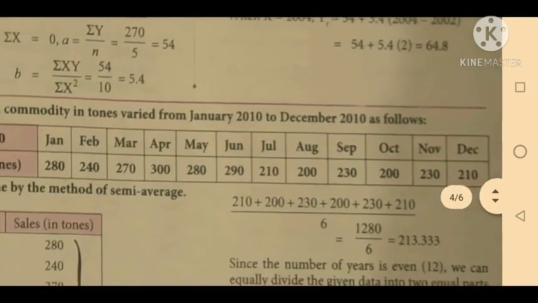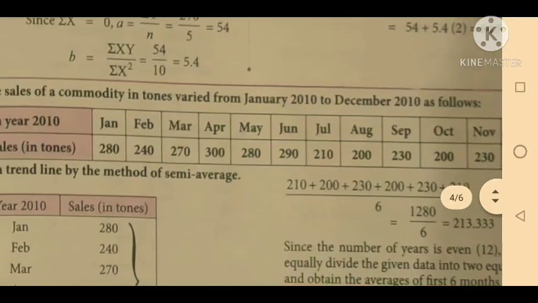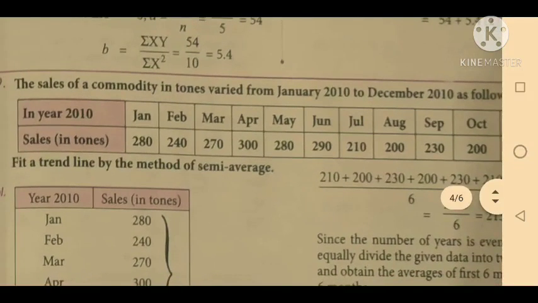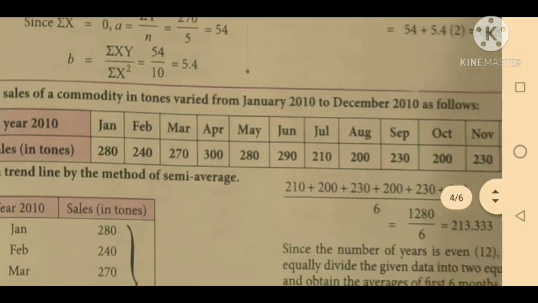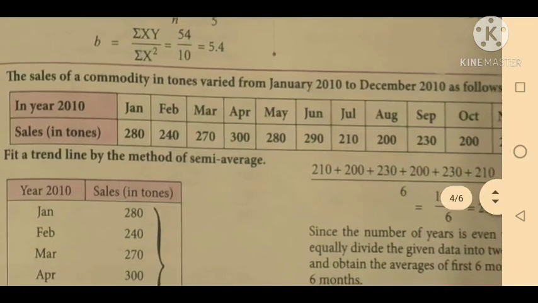Okay. Then next one, the sales of a commodity, in tons, varied from January 2010 to December 2010. Then year, month is given, the sales also given. Find trend line by the method of semi-average.